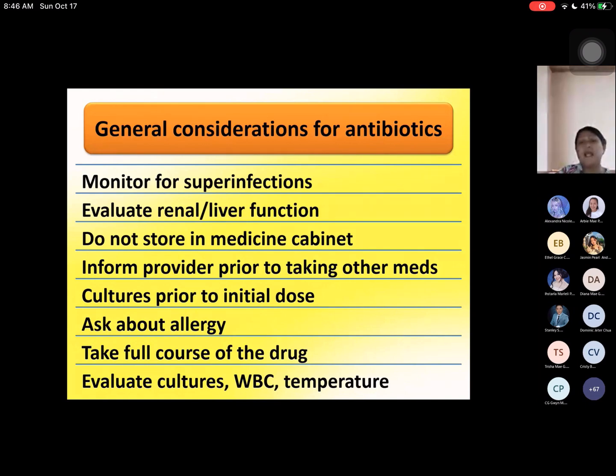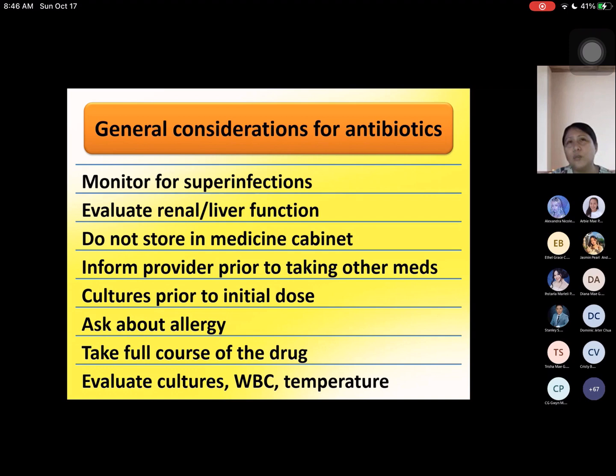When taking drugs or medication, they usually need to observe if you have damages in your renal. We call it nephrotoxic.